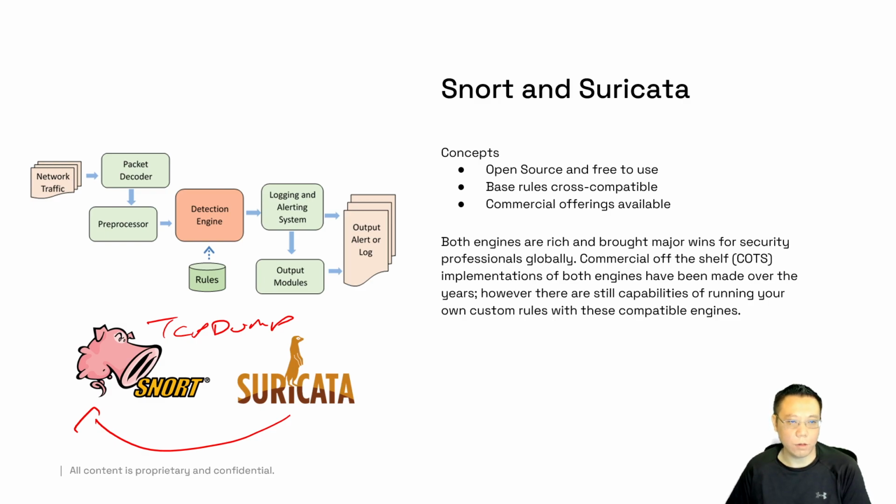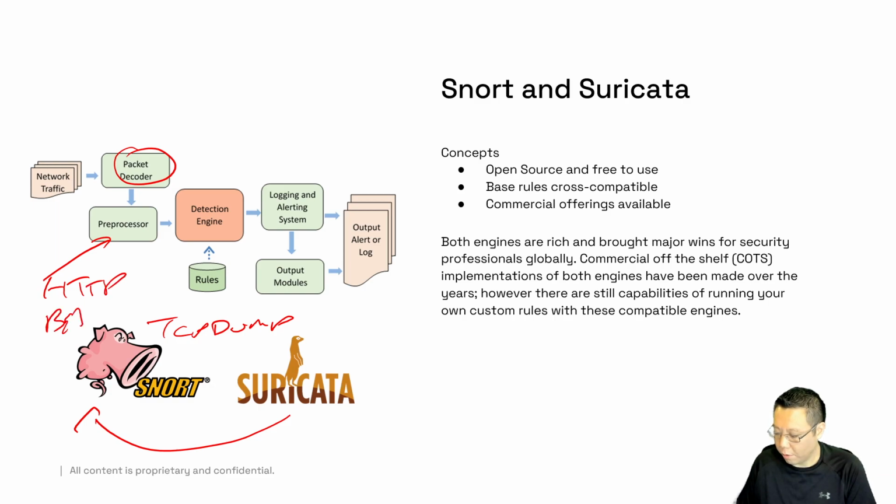Ultimately, you have an engine that does the following. It takes inbound traffic and decodes it from actual wire information into a readable packet capture format, which we call libpcap. The preprocessor takes this and normalizes HTTP, understands base64 encoding when it sees it, and many other things, such as RFC 793 TCP, understanding what is anomalous and not.